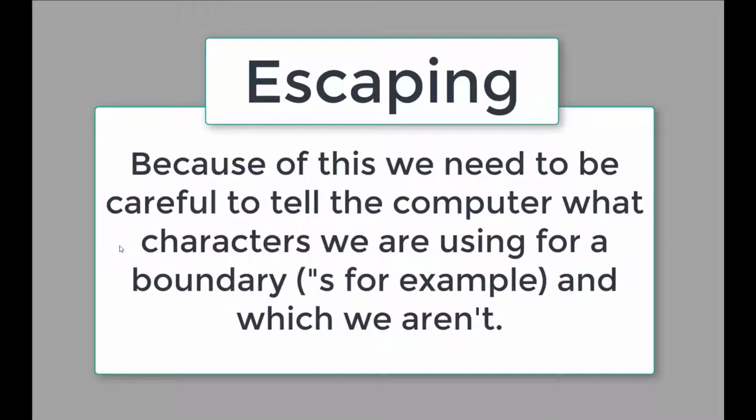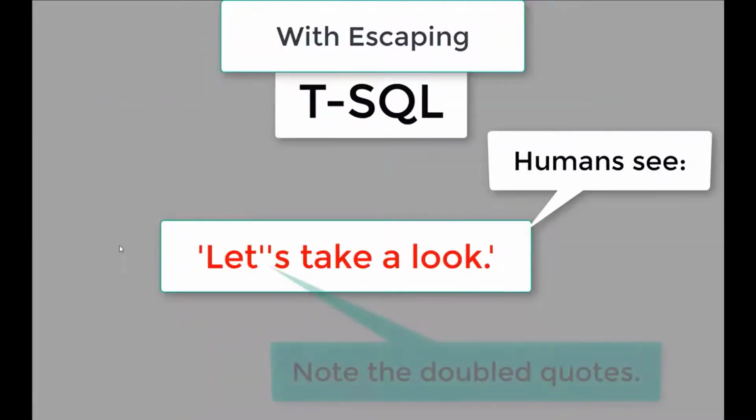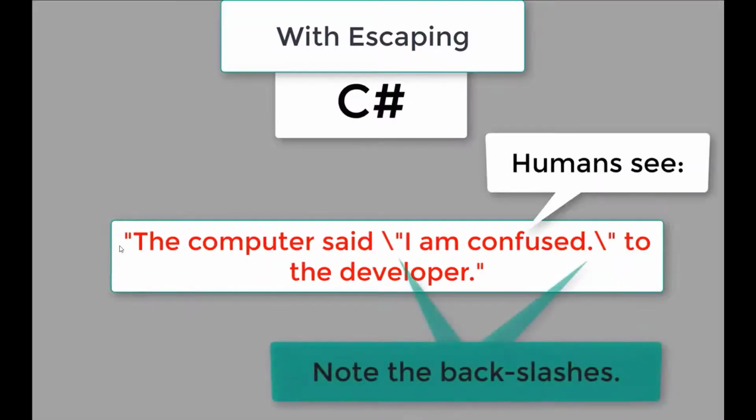Because of this, we need to give the computer a little extra help. We need to specify which character is actually the end of the boundary and which one isn't. This process is called escaping. In the case of T-SQL, you'll notice doubling quotes. C# uses backslashes.